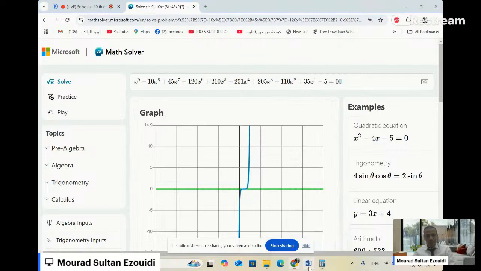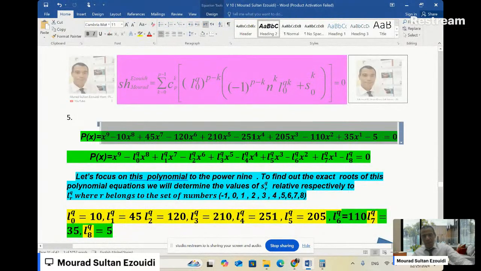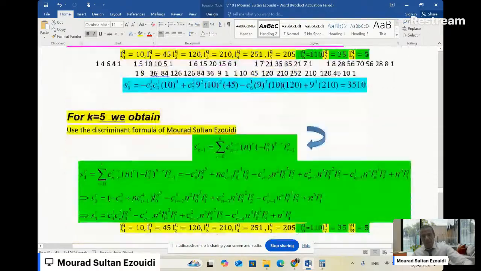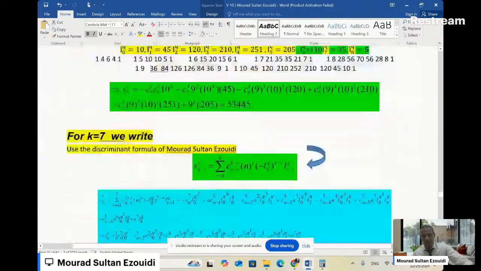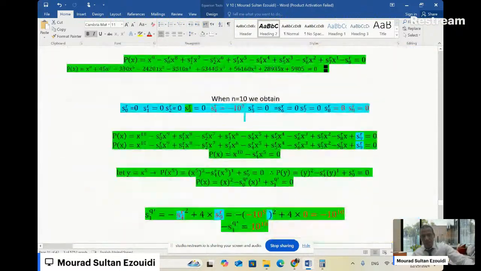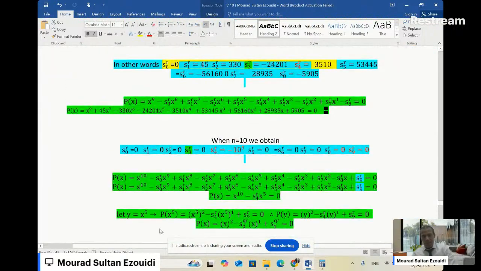I will give him the ninth degree equation that I obtained, that is obtained here. Let's see what we can do. He will also make the same mistake.